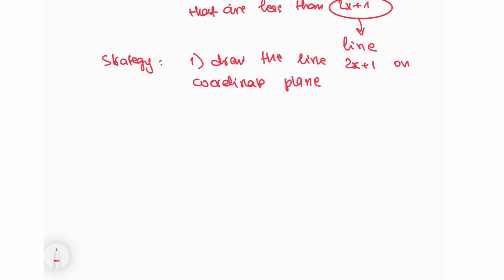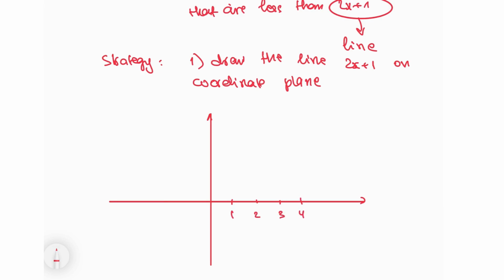So let us do that. One, two, three, four, 1, -1. Okay, so from the line we know that plus 1 is the y-intercept, so it will pass through 1.